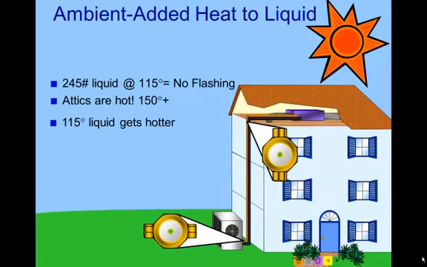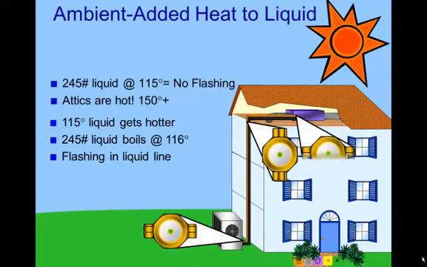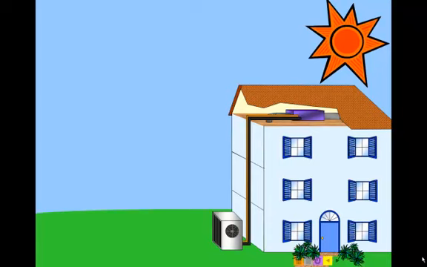Now, 115 degree liquid line in a 150 degree space, heat goes to cold, so the 150 degrees will want to get into where the 115 degrees is. So that means the liquid will get hotter. Now remember, we said at 245 pounds liquid boils at 116 degrees, but we find out now that we're going to get flashing in the liquid line because the liquid line will be getting warmer than 116 degrees.